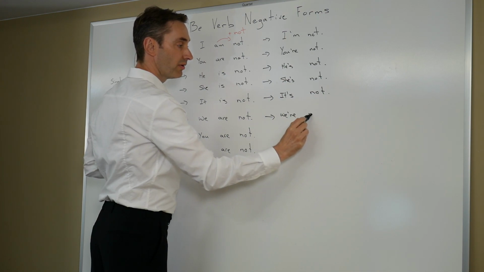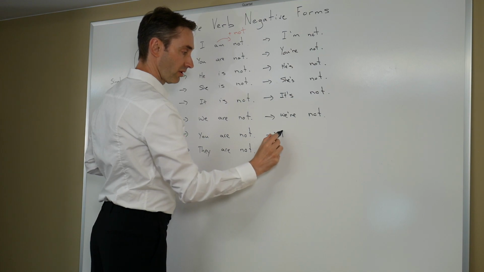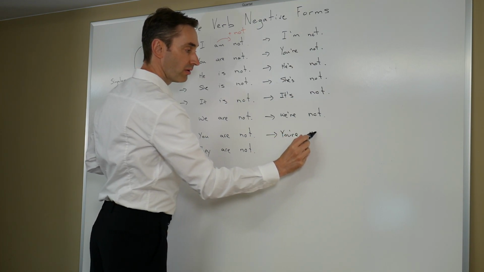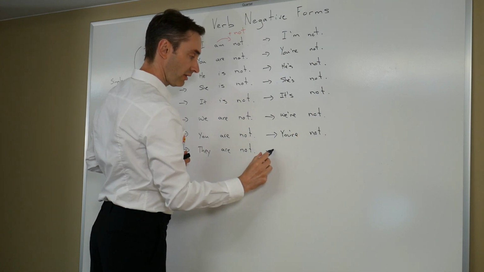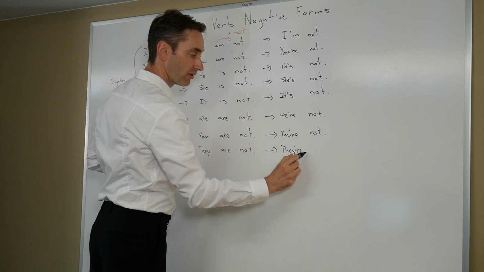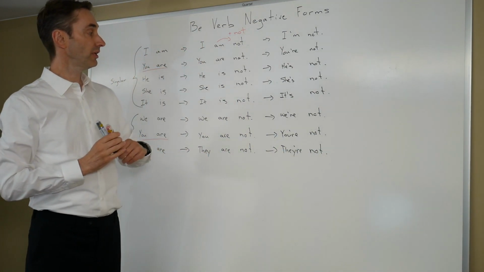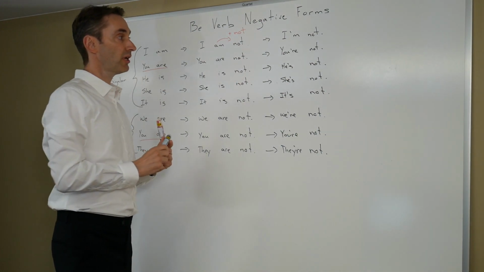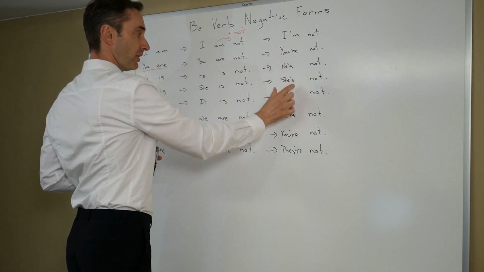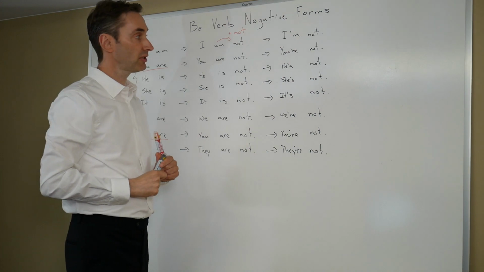We're not. You're not. And they're not. So in every case, we've shortened the pronoun and the be verb together into a contraction for our spoken English.